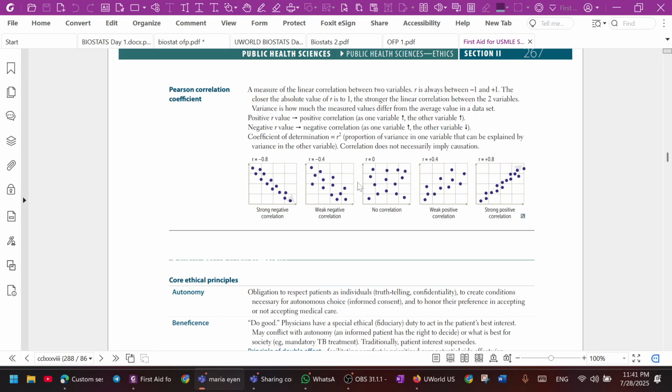And look here, this is no correlation. So here in our example on the biostat question, would that be negative? We already know it's negative. So will it be negative 0.04 or negative 0.8? It would be negative 0.8, this one. Okay, perfect. Got it.